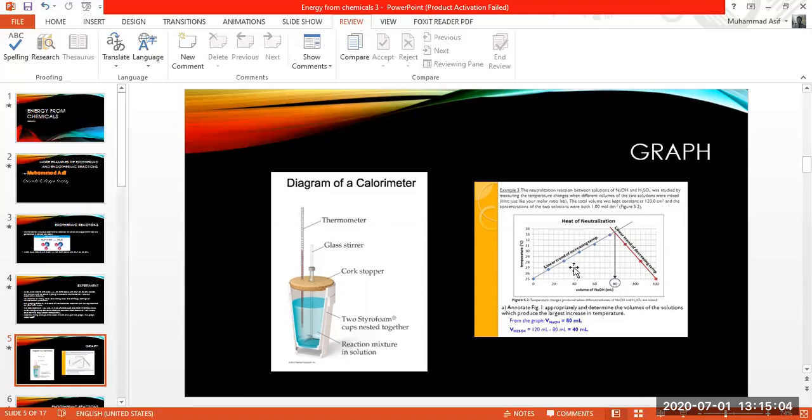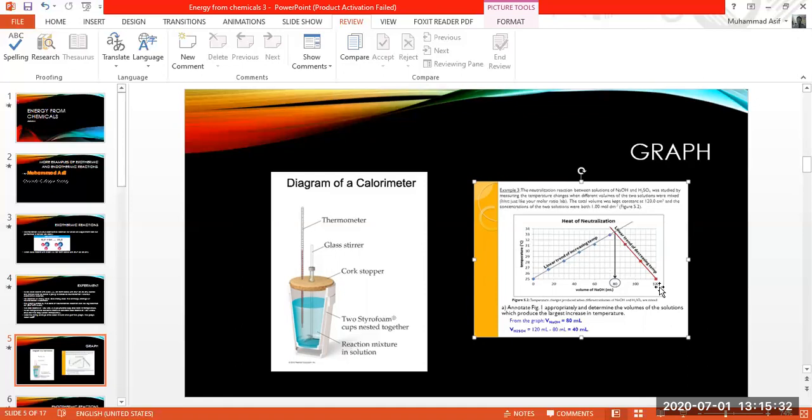This graph is, for example, to familiarize the students with what type of graph will be formed. Values are different, but these blue points indicate the rise in temperature, and these red points indicate that the temperature is decreasing.